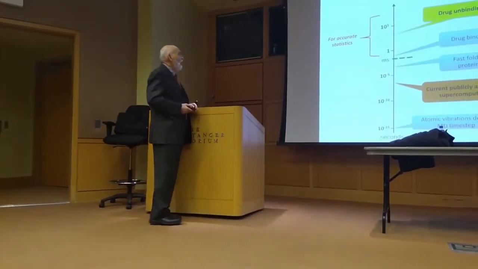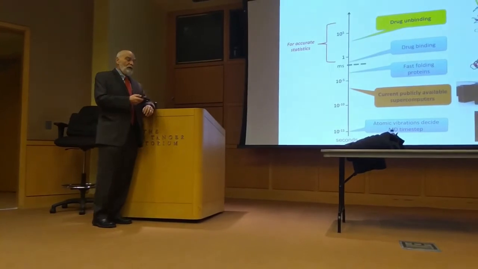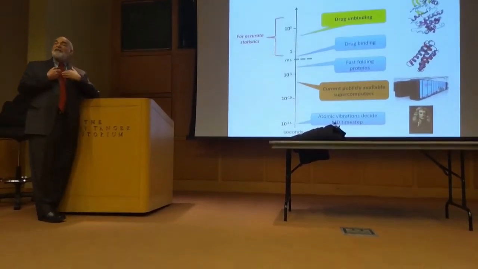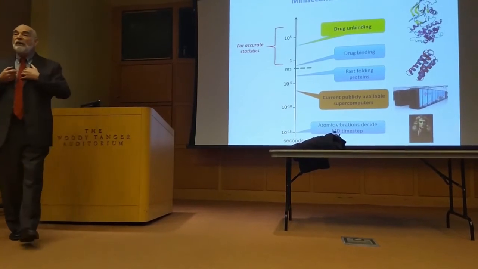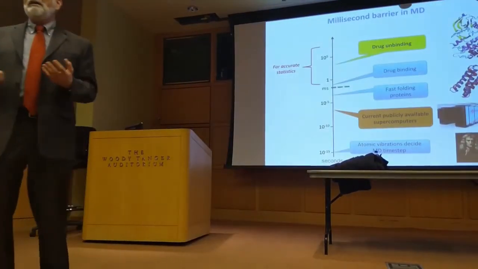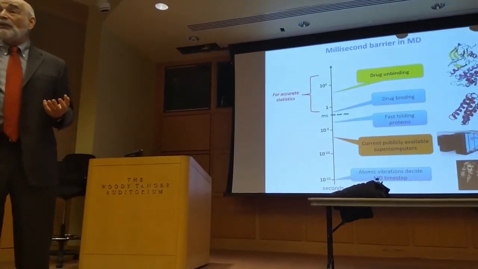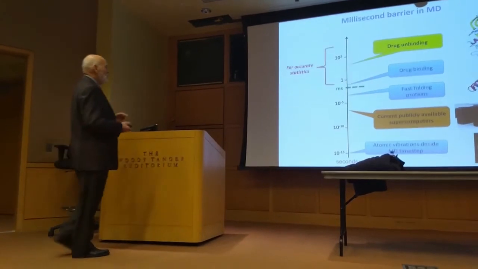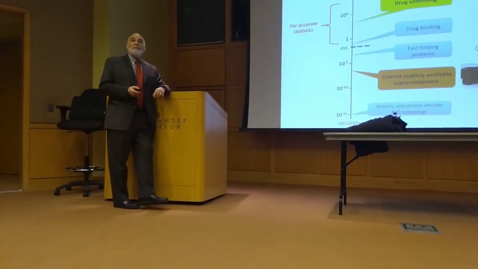So we thought that we have to find something that we can do that doesn't require a computer like Anton. Because Anton, you have to be a billionaire to get a computer like Anton. Actually, you can get time on the machine in Pittsburgh.